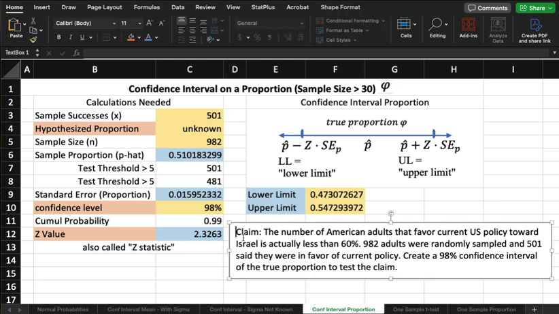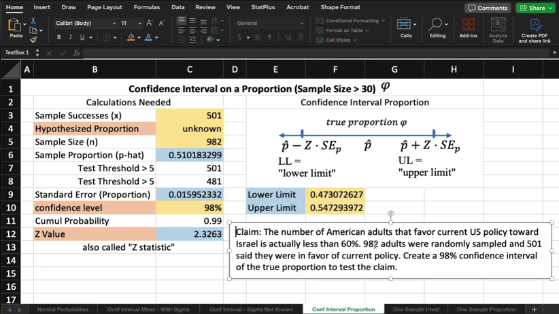A claim was made that the true percentage of American adults that favor current U.S. policy toward Israel is less than 60%.